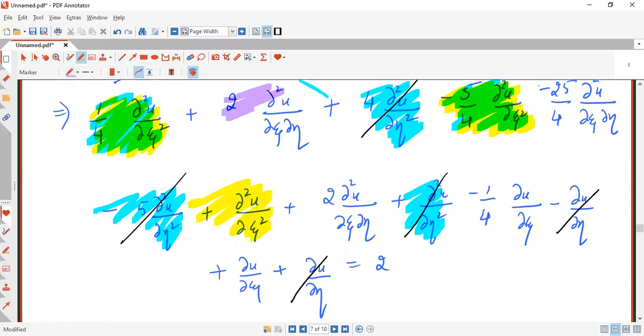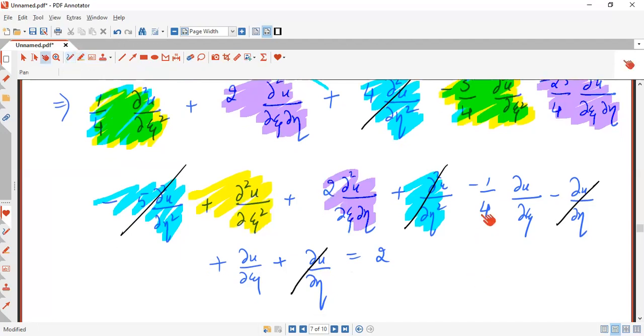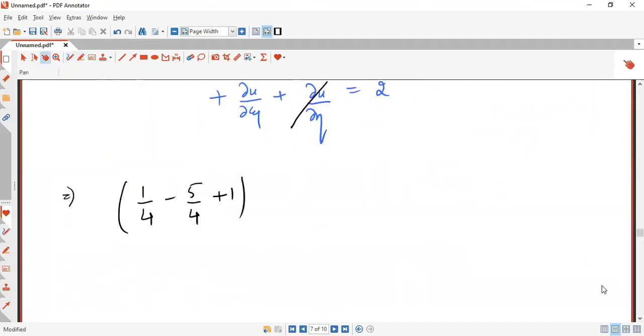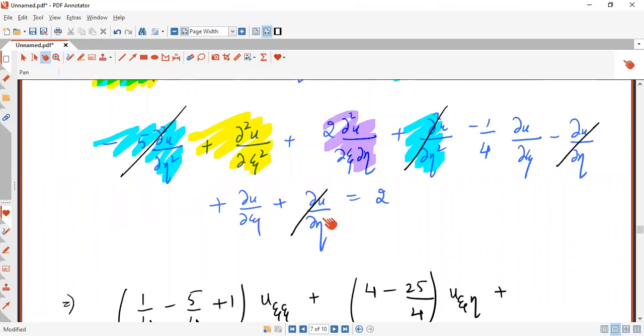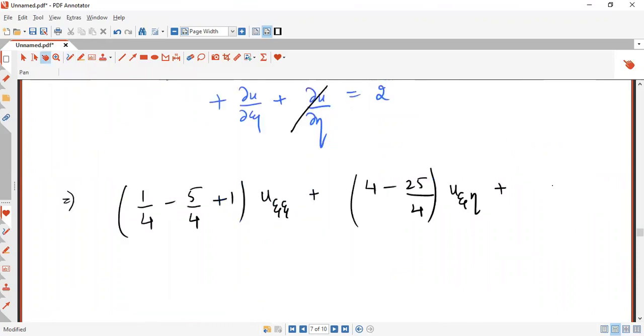Now this 2 plus 2 minus 25/4, 4 minus 25. Tell you what else, 1 minus 1/4. 1/4 u z equals to 2, right? So solving it, check what you're getting.